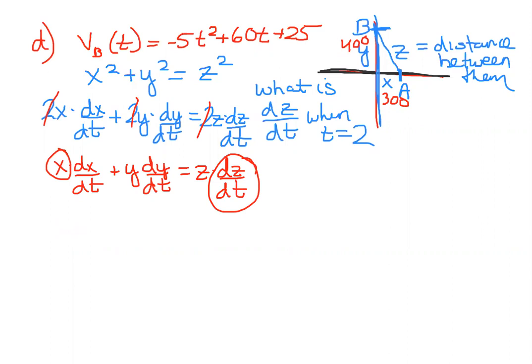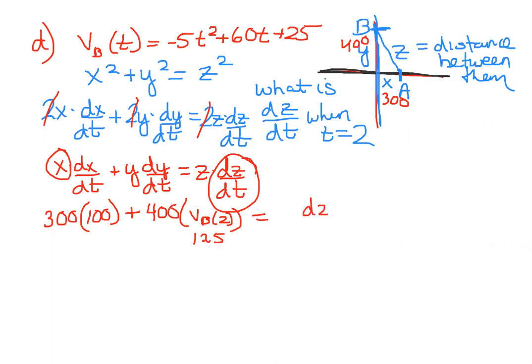So X is 300, and its velocity at time t equals 2 is 100. That's from the table. Y is 400, and its velocity is VB of 2. You're going to have to put a 2 into that equation and see what it is. And I think if you do that, you should get 125. And dz over dt is what we're looking for. What does z equal?